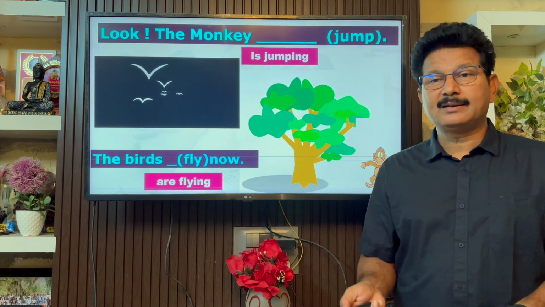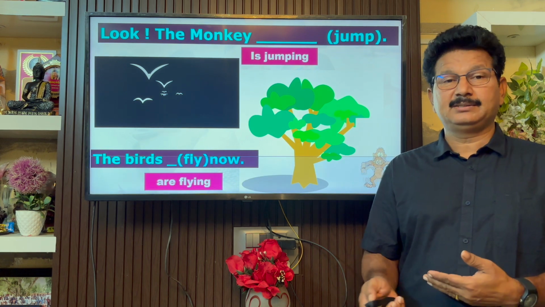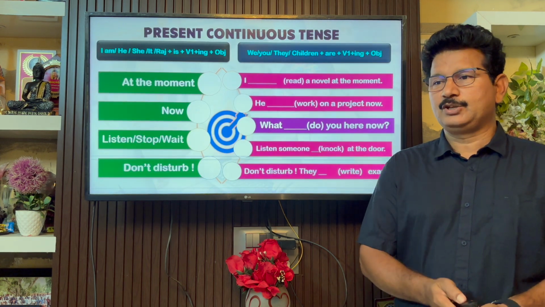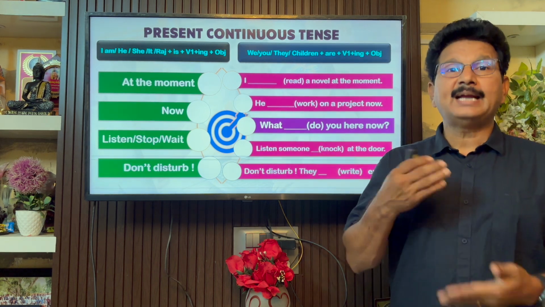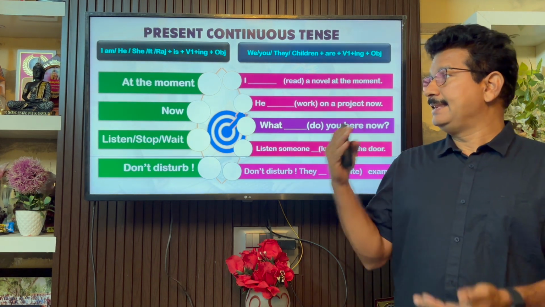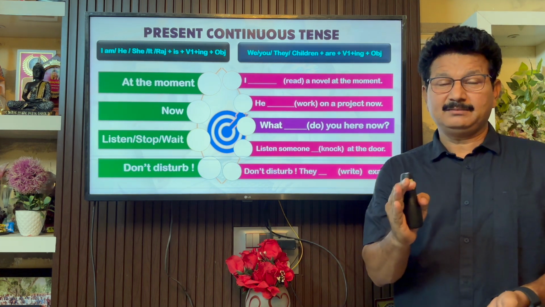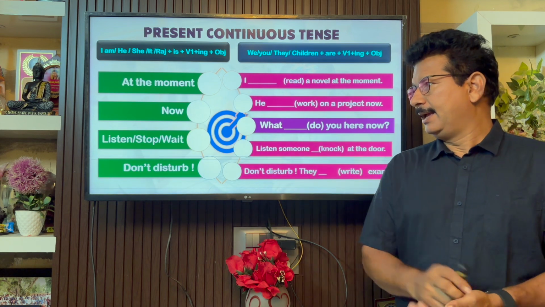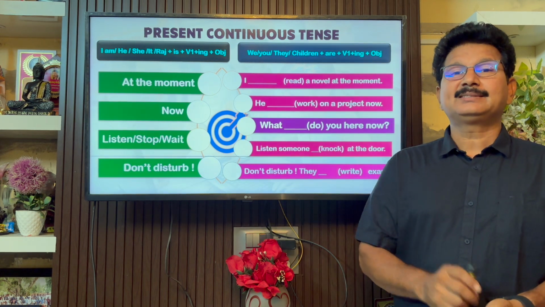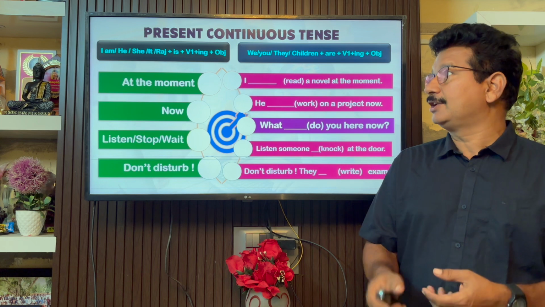So let's look at some of the keywords to identify the present continuous tense. If you look at that side, you can find at the moment, now, or listen, or wait, or stop, or don't disturb. Right? These are the various keywords to identify present continuous tense.